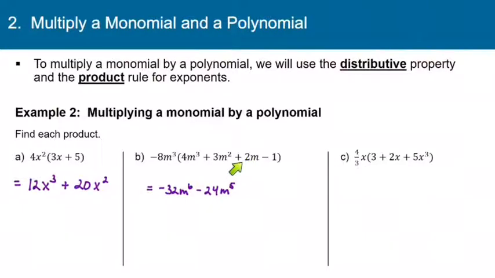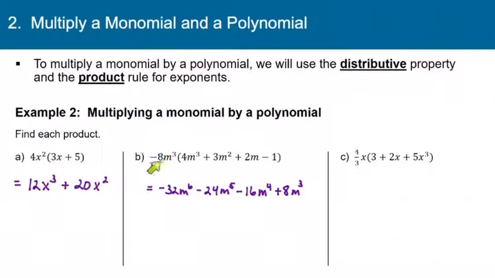Now we're ready to multiply negative 8m to the third times positive 2m. So negative 8 times positive 2 gives us negative 16. M to the third times m gives us m to the fourth. And now we have negative 8m to the third times negative 1. So negative 8 times negative 1 is positive 8, and that's going to be multiplied by m to the third.